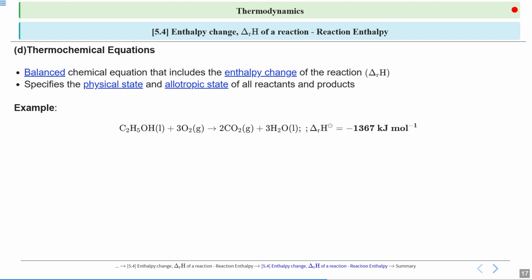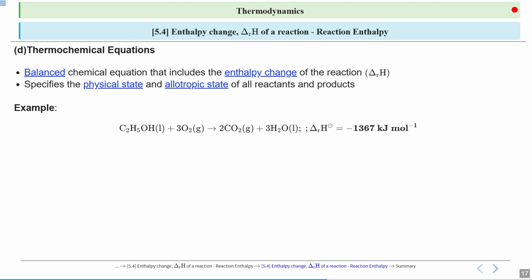In this case, the enthalpy change for the reaction is also mentioned, which is minus 1367 kilojoule per mole. Therefore, our given equation is a thermochemical equation. Okay, one more point. What is it? It is the physical state. So you can see the ethanol physical state is mentioned, liquid. Oxygen's state is mentioned as gas.